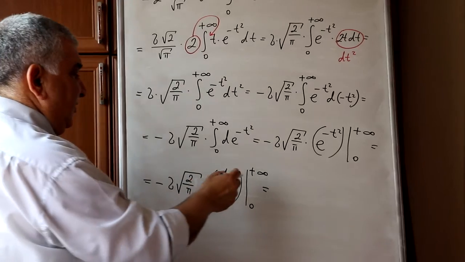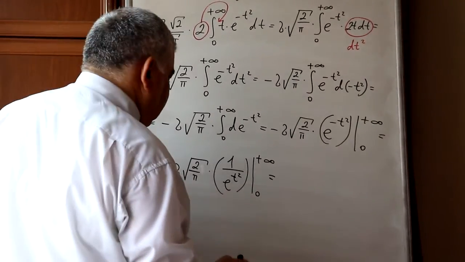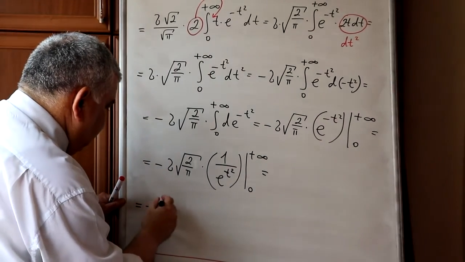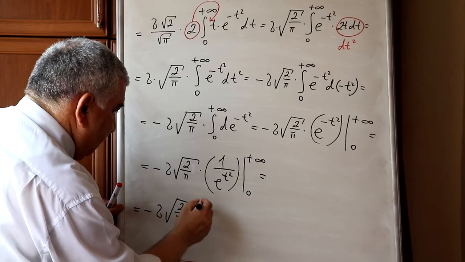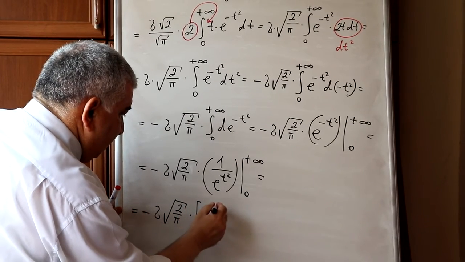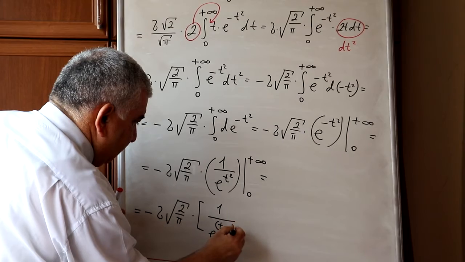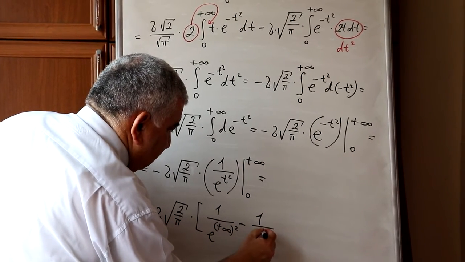Here we must first substitute plus infinity instead of t, and then substitute 0 instead of t. Equals minus sigma square root of 2 over pi multiplied by 1 over e to plus infinity squared minus 1 over e to 0 squared.